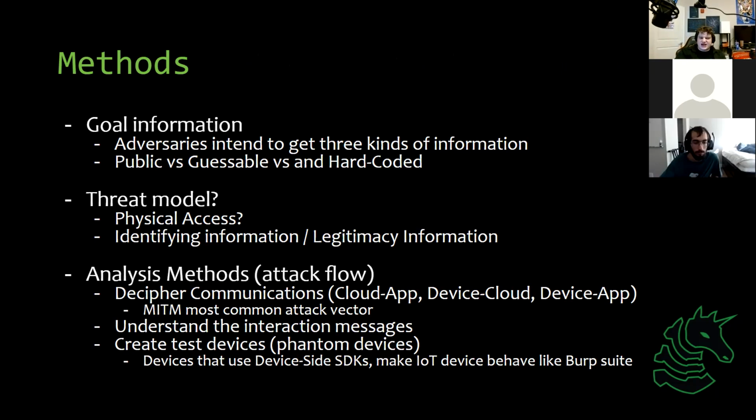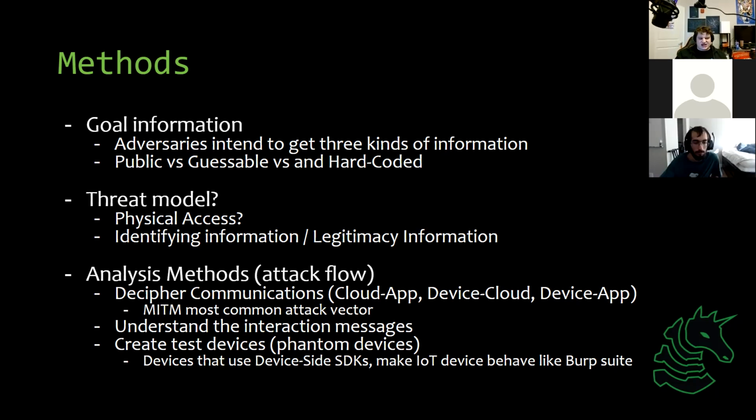Then the threat model: they had to consider if they had physical access to the devices, and what information they were allowed to have as an assumption, like, let's assume we have this information. The 2 things they assumed they had access to were identifying information, which is like what the device is, and then legitimacy information, so like they had the ability to see keys and stuff.